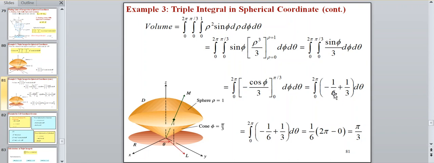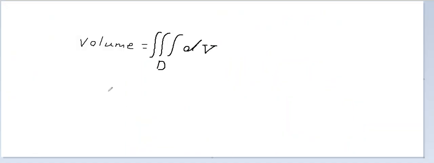I think I need to calculate this one for you here, to show why we get this. We have minus 1/3 cosine phi from 0 to pi over 3.